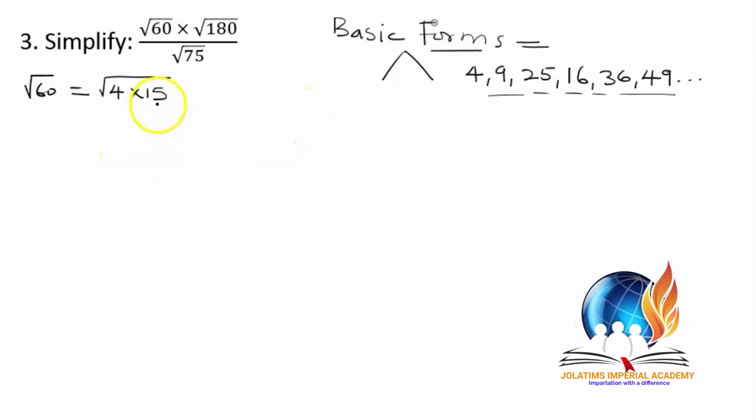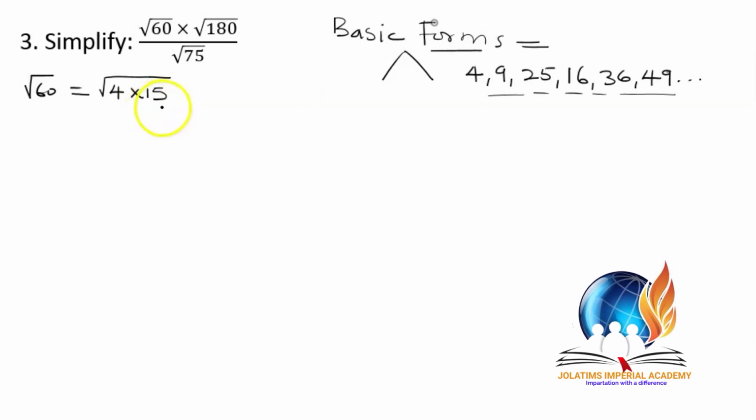Just like in the case of 15, which will not have any factor that is a perfect square, so it is good to go. When we apply the multiplication rule of surds, it gives us 2 root 15. All right, this is 2 root 15.